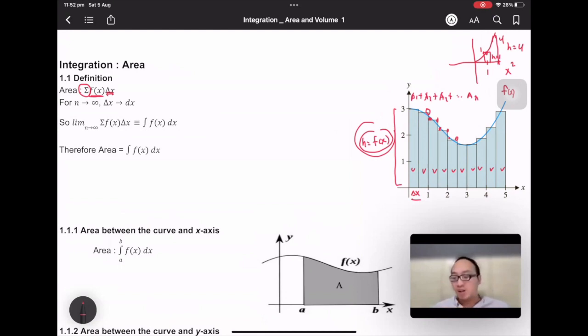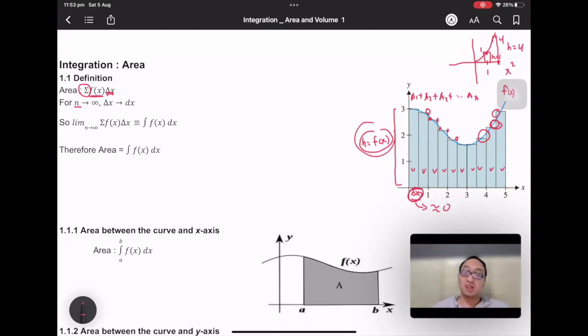Now, how do we prevent the inaccuracy in calculation because of the extra or lacking area that we cannot find? We can increase the number of rectangles by decreasing the width. If we increase the number of rectangles to an infinite number, delta x, the width, will be very small, approximately 0.